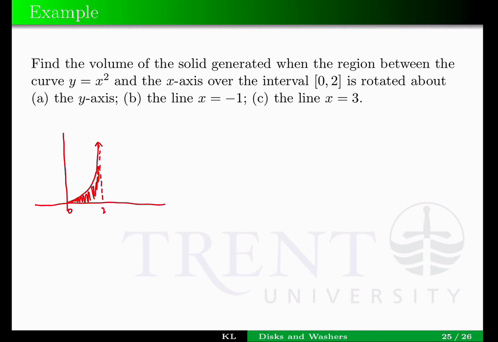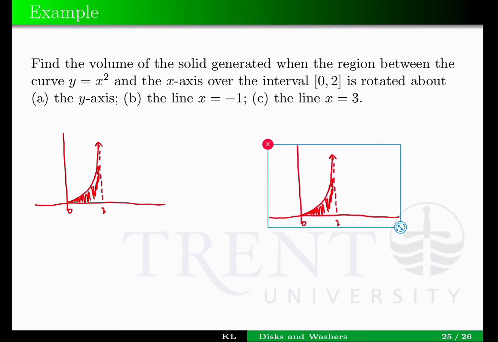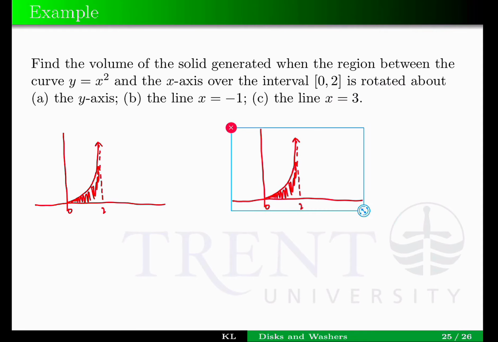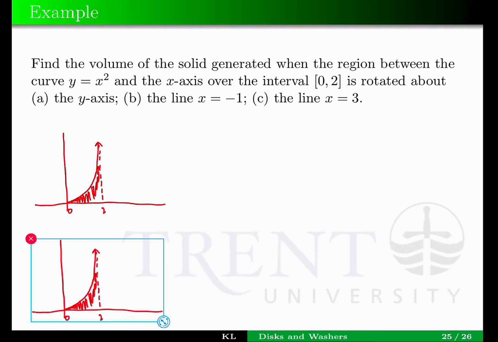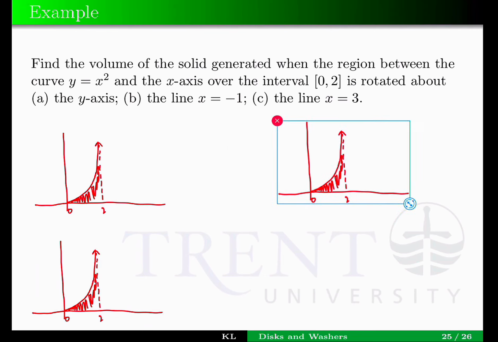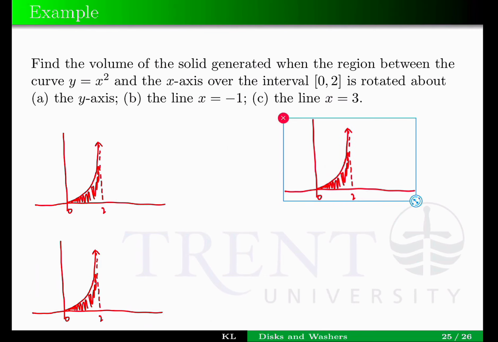Let me draw the three scenarios. Let's copy this one here, copy, paste. So this is the second one, and then the third one here. For the first scenario, letter A, y-axis.